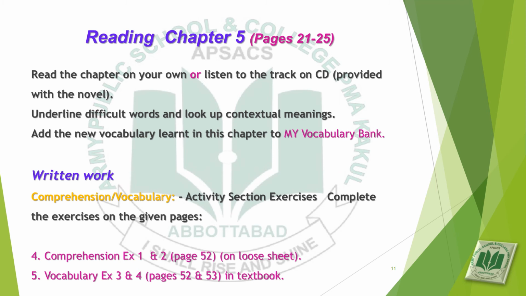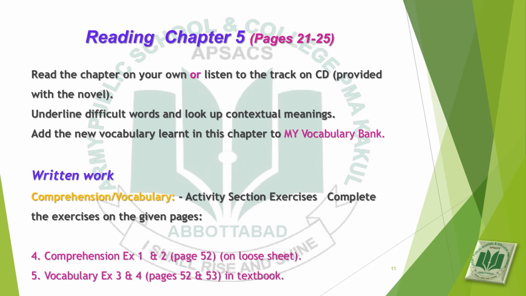Now let's see what is your written work after reading the chapter. Your written work is exercise 4, that is comprehension, and exercise 5, that is vocabulary, from the activity section exercises. Complete the exercises on the given pages.